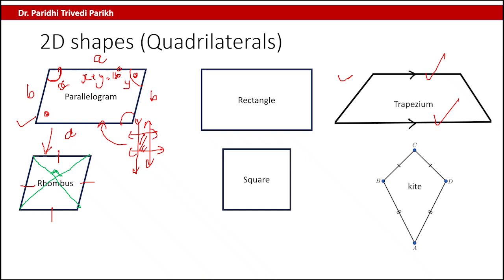That means this will equal to this and this will equal to this and this angle will be 90. Whereas in parallelogram, diagonals bisect each other. That means this is equal to this and this equals to this, but the angle between them where they intersect is not equal to 90.